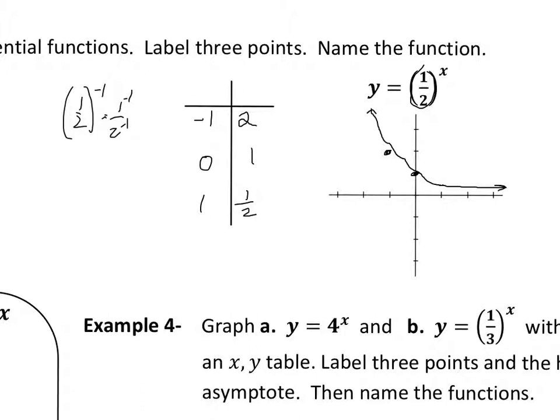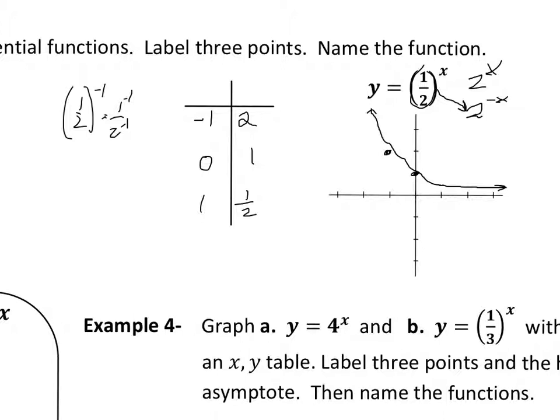Because let's think about this for a minute. Okay, 2 to the x. If I have 2 to the x, or if I have 2 to the -x, that's a y-axis reflection, right? Well, do you see that 1 over 2 to the x and 2 to the -x are the same thing?